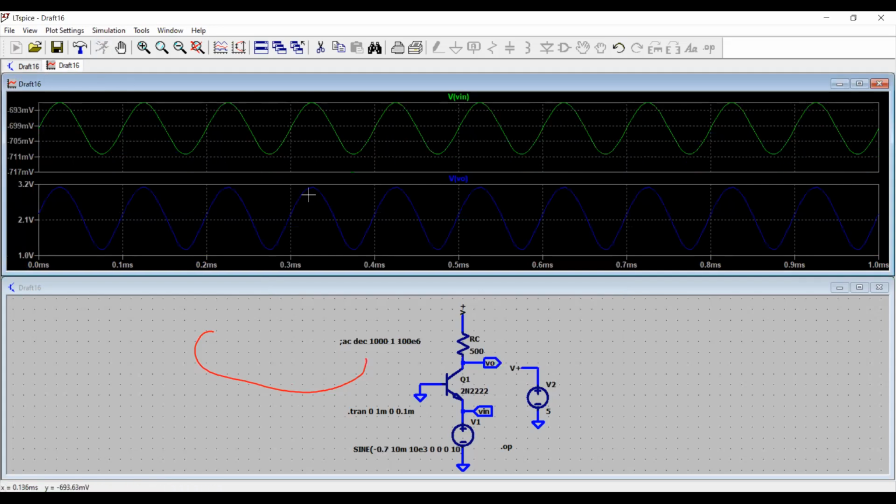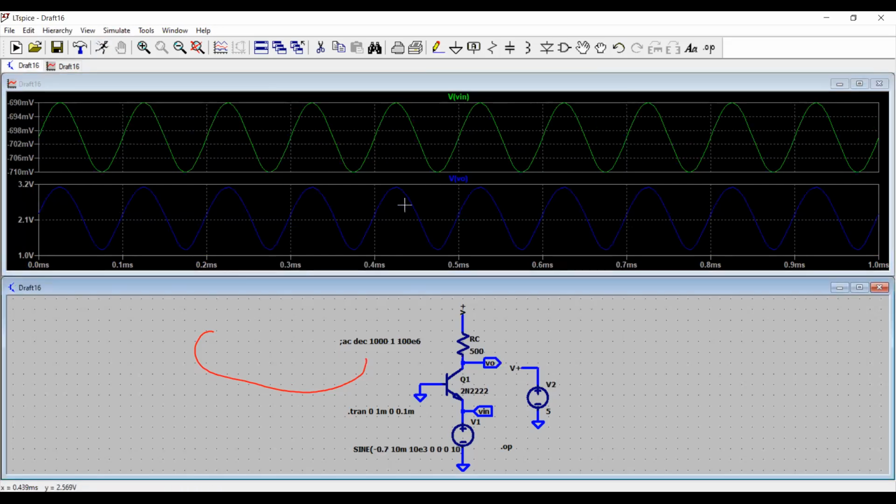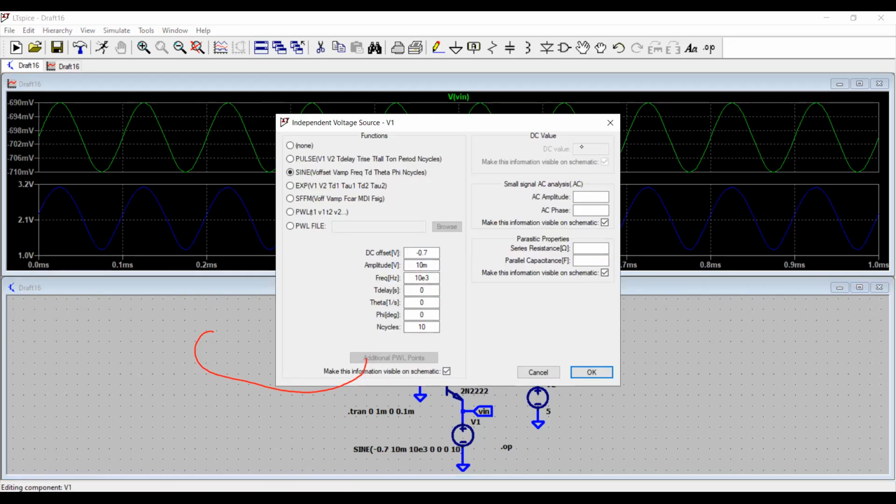We'll check that in a moment, and now it is done. That's correct. So when you use the sinusoidal source, the DC offset voltage is going to provide the DC bias. So here your DC value disappeared actually. So make sure you use that.